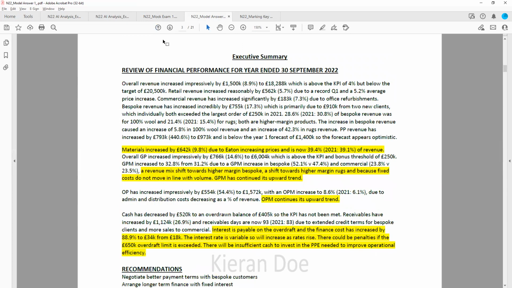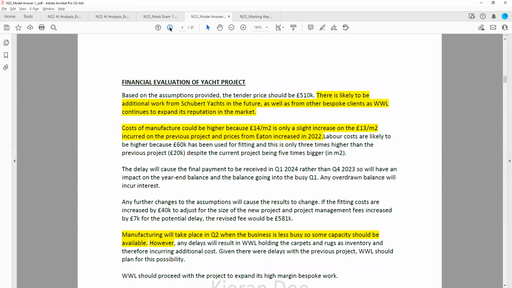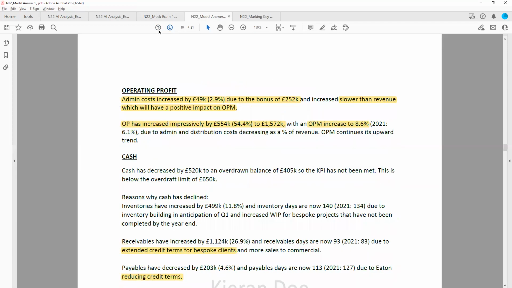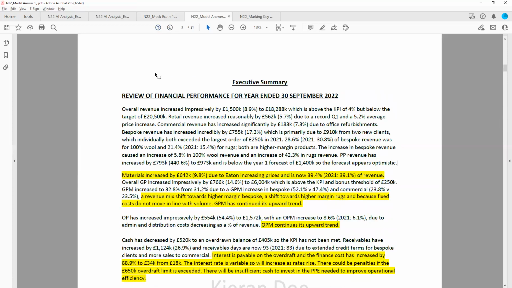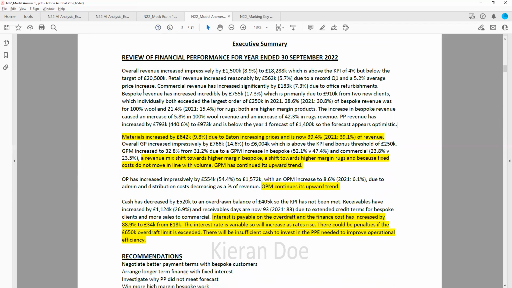So you want to keep nice, concise conclusions so that you've got a nice, short, concise executive summary. You can copy your conclusions over as a starting point, and then comes in the real skill of deciding which additional points we want to add into our exec summary.